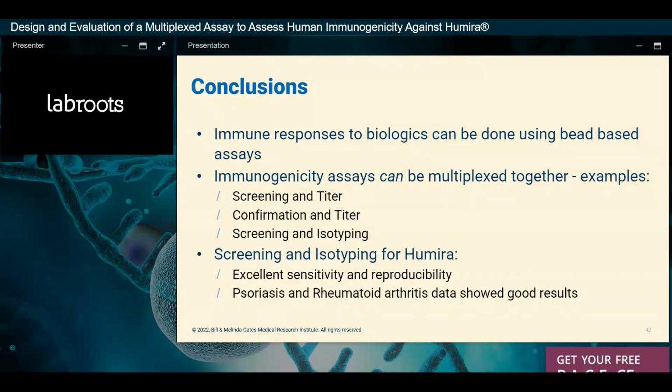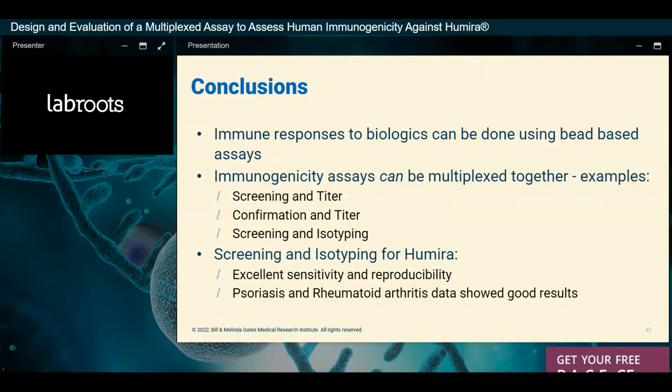And what you can see here is that you can measure immune responses to biologics using these bead-based assays. And these immunogenicity assays can be multiplexed together. For example, in this particular presentation, we multiplexed the screening and isotyping assay. But there's no reason why you couldn't combine the other assays at the same time.